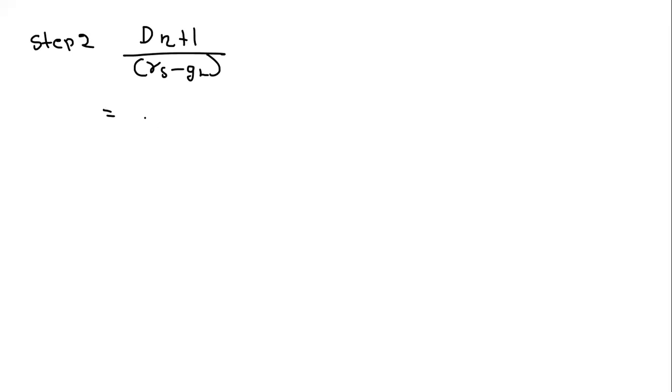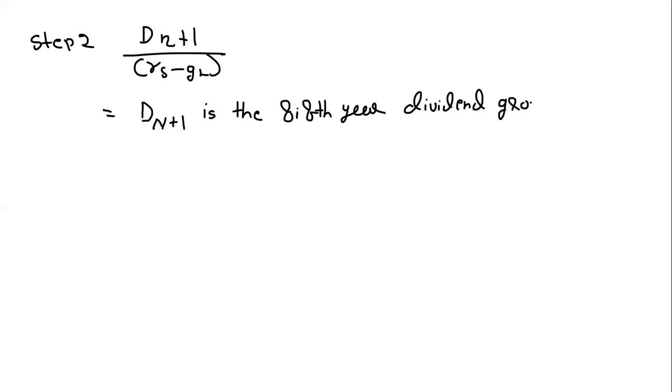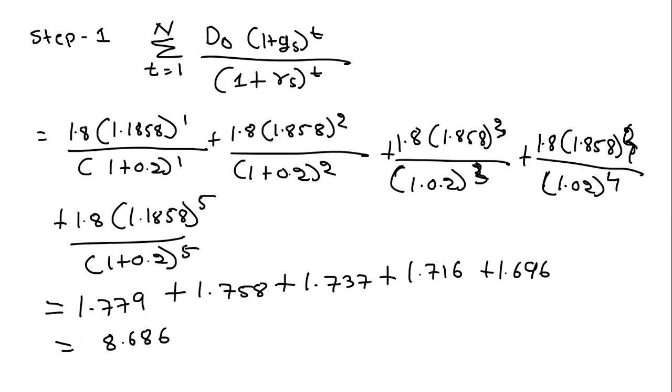So D(N+1) is the fifth year dividend growing at 10%, and we have to take it for the fifth year.